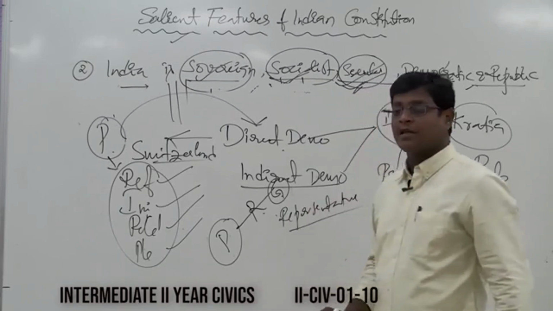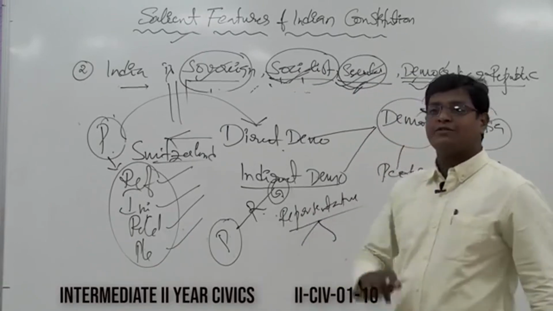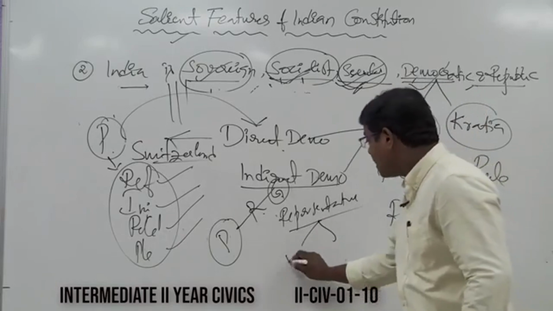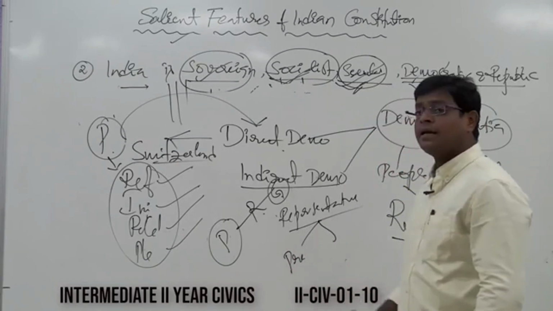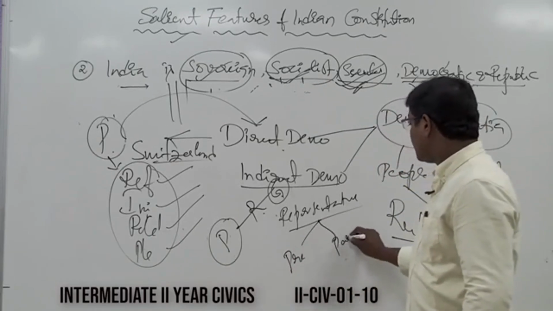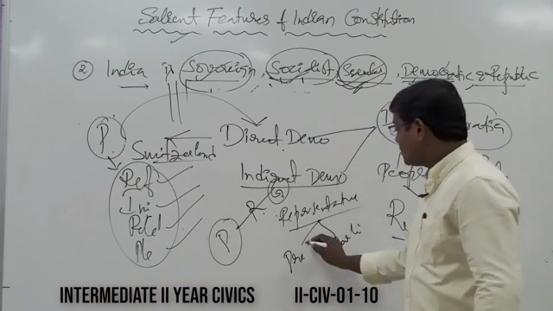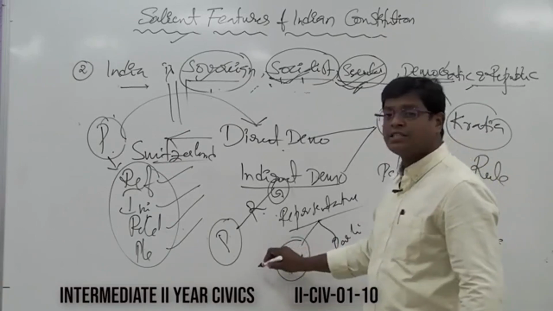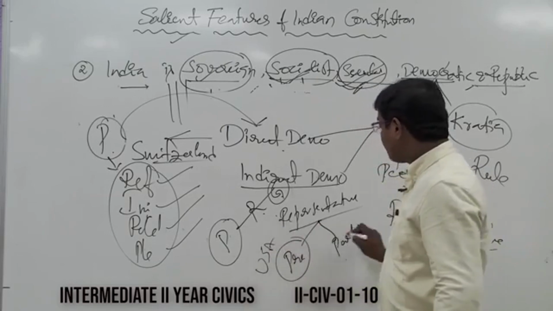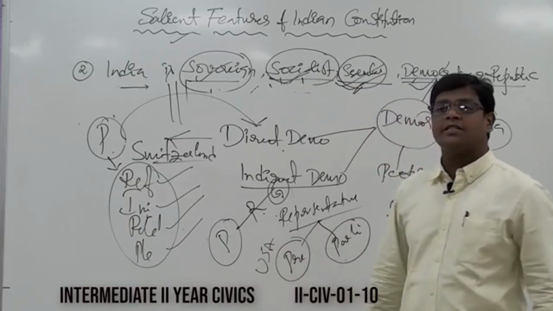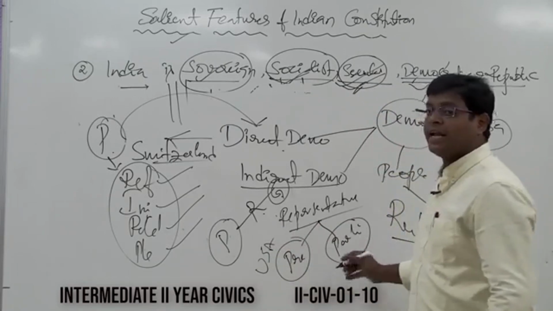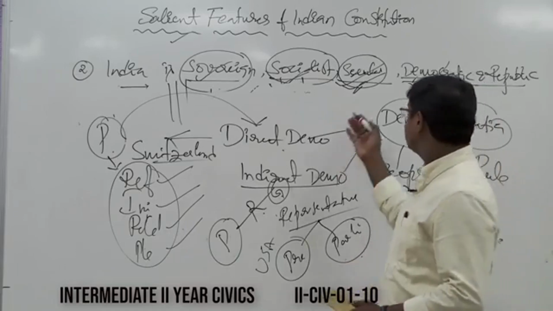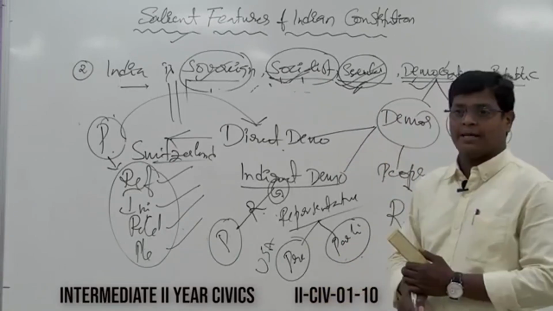Again, this democracy is classified into two types. One is the presidential form of government, another is the parliamentary form of government. The presidential form exists in the USA, and the parliamentary form exists in Britain, India and so on. So this is about democracy.